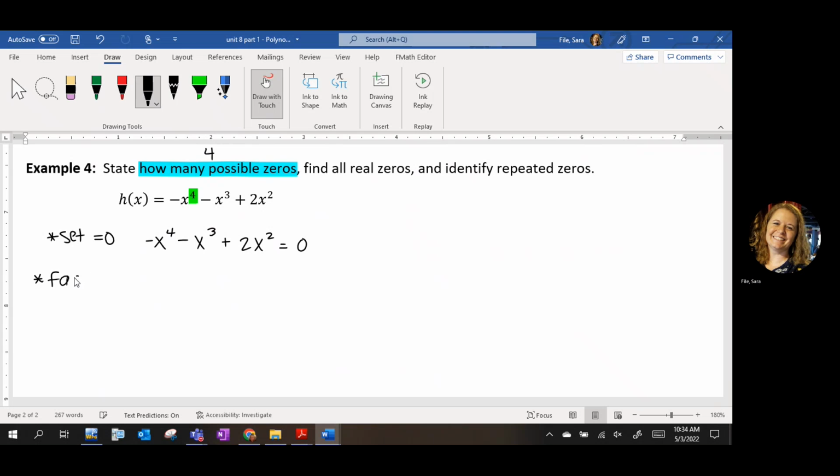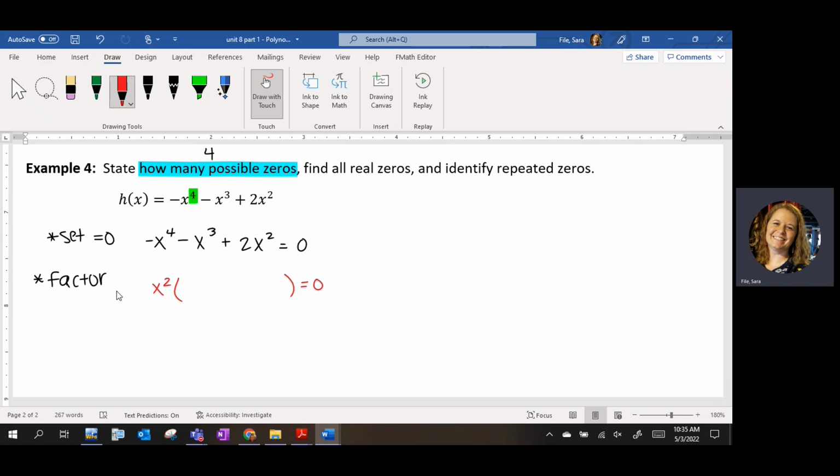Now, what type of factoring can I do first here? Definitely a GCF. What do all of these have in common that I could divide out? An x squared. Now, when my lead term is negative, it makes it a little harder on my factoring, so I'd actually like to change that. How could I change this to a positive?